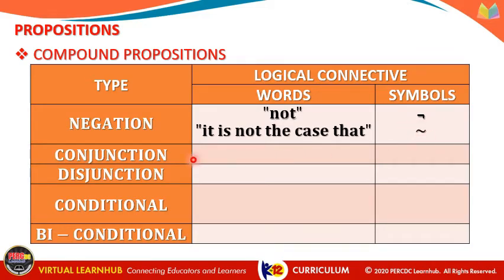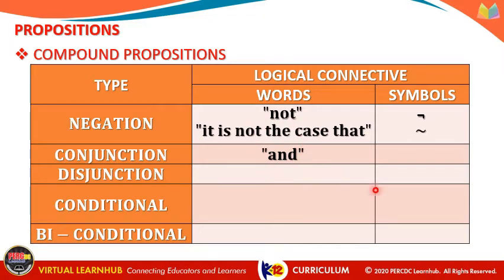The second type of compound proposition is what we call a conjunction. Now, how can you distinguish that what you have is a conjunction, or how can you make a conjunction? Well, the word that is usually used for conjunction is the word and. So if you want to take the conjunction of two propositions, just connect them with the word and.